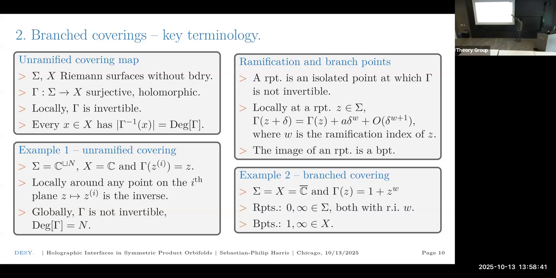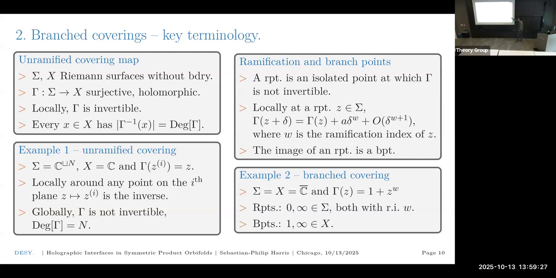Locally around a ramification point, the expansion of the covering map takes the following form: gamma of z plus delta is gamma of z plus an order delta to the w term plus higher orders in delta. This number w classifies these ramification points, and it is called the ramification index of the map gamma at the point z. In particular, a point in which a map is unramified and where gamma is locally invertible is a point in which the ramification index is 1.